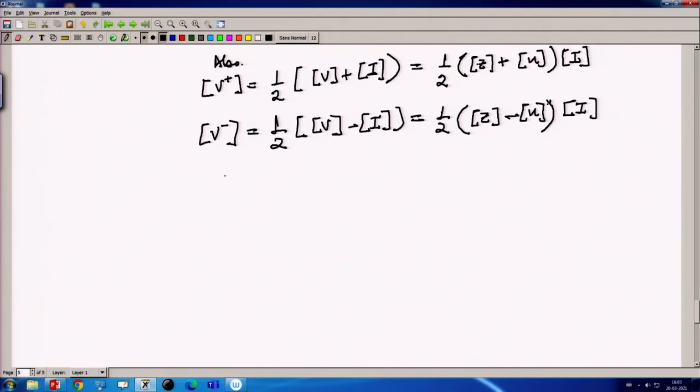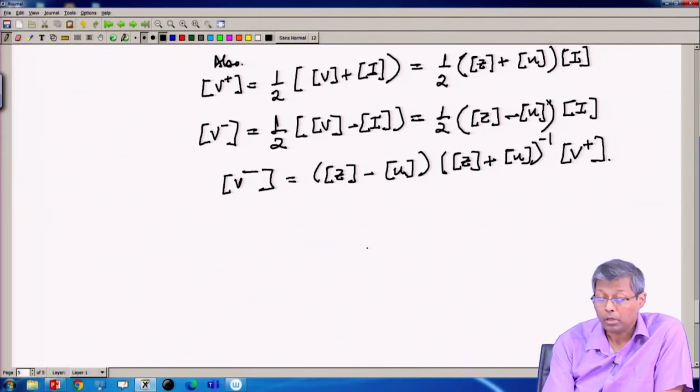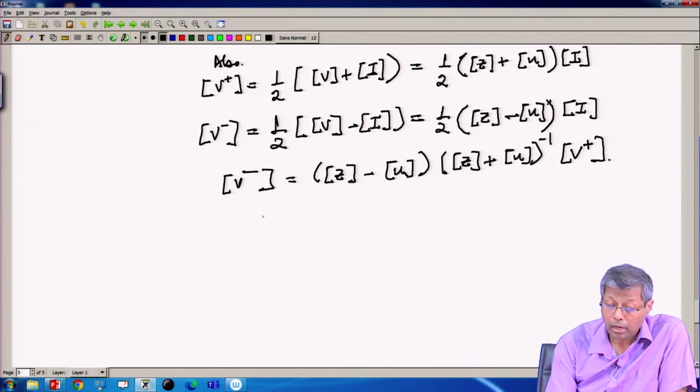From which I can relate V plus and V minus, and from there we can write the equivalent S matrix, because V minus equals S V plus.